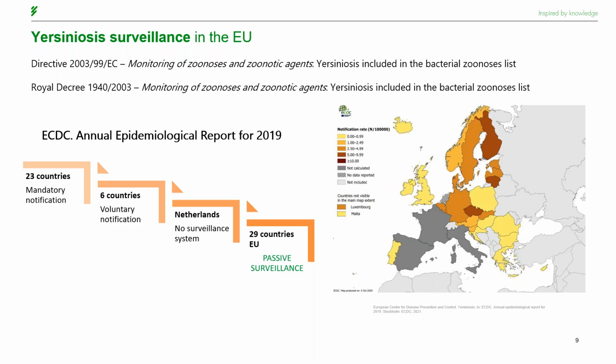A curious fact is that in the Netherlands, there is no surveillance for yersiniosis. As you can see here on the map, there is no data available. In addition, in 3 countries, which are these 3 in gray, Spain, France, and Italy, it is not possible to estimate the percentage of notifications because the surveillance systems are not unique throughout the territory.